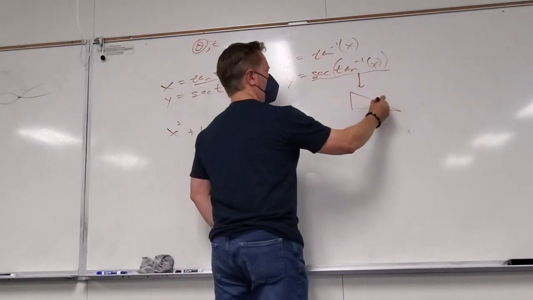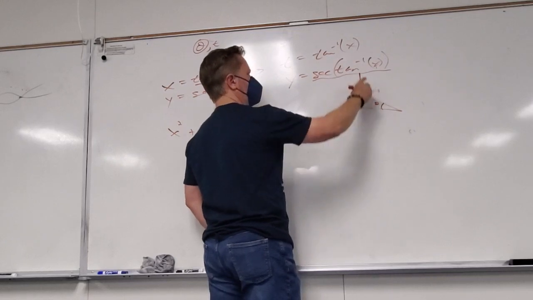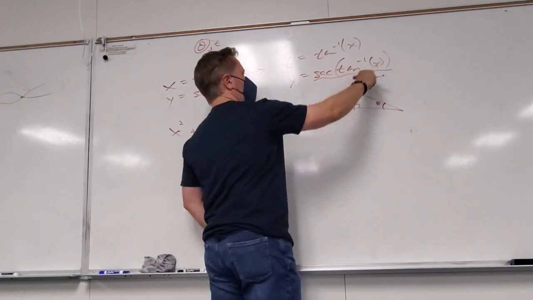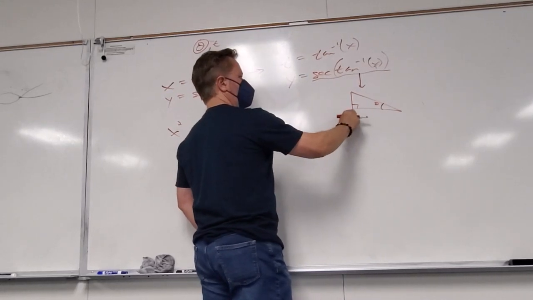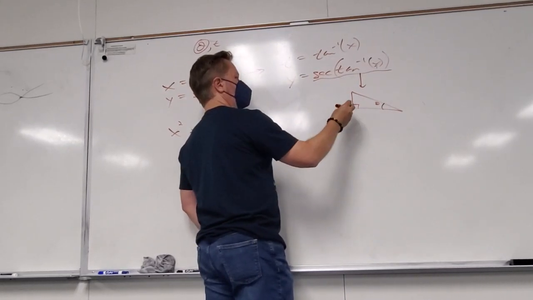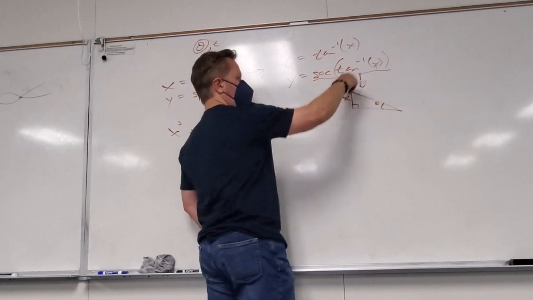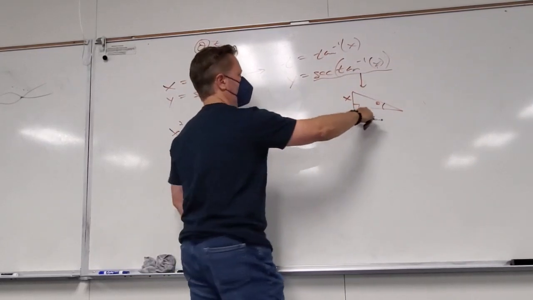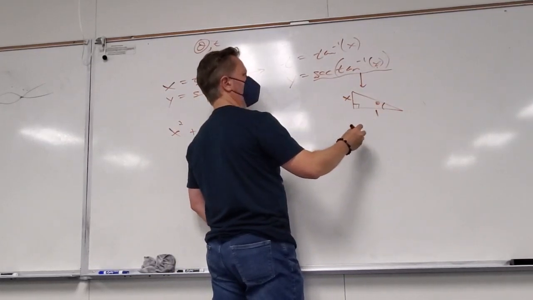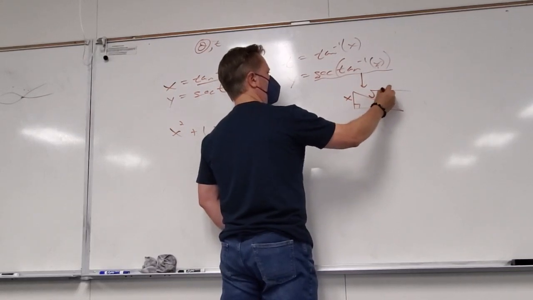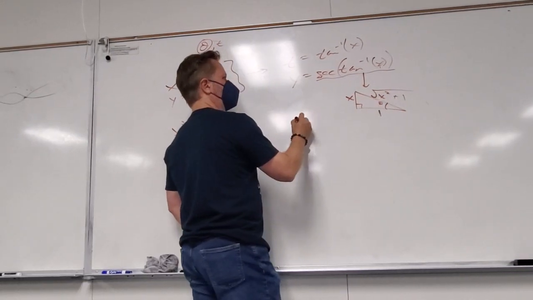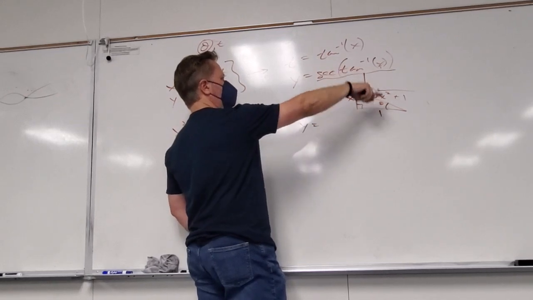Tangent is x over 1, so the y side is x, and the x side is 1, yes? And so the hypotenuse would be the square root of x squared plus 1. So therefore y equals, what's the secant of this angle?